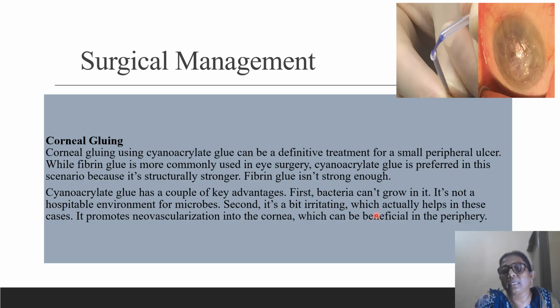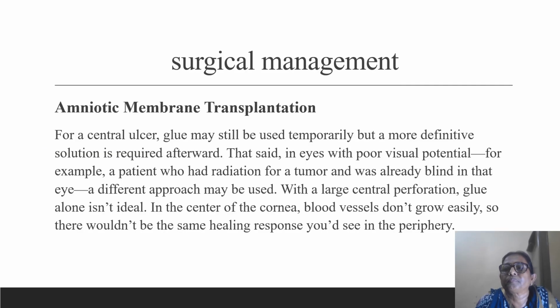Second, it's a bit irritating, which actually helps in these cases. And this cyanoacrylate glue promotes neovascularization in the cornea, which can be beneficial in the periphery. While fibrin glue is more commonly used, cyanoacrylate glue is performed because it is stronger.